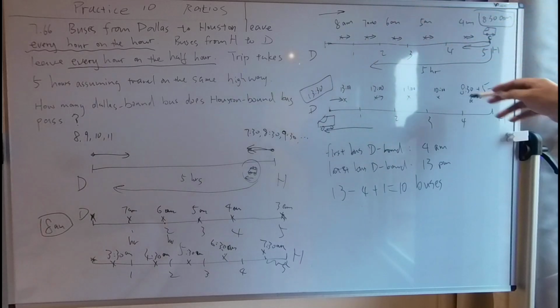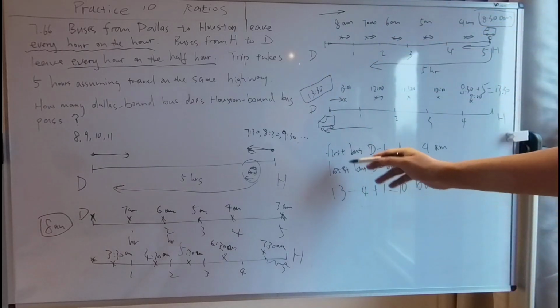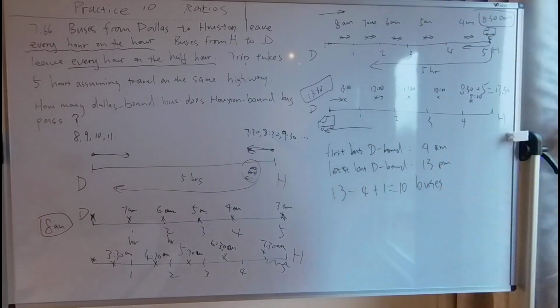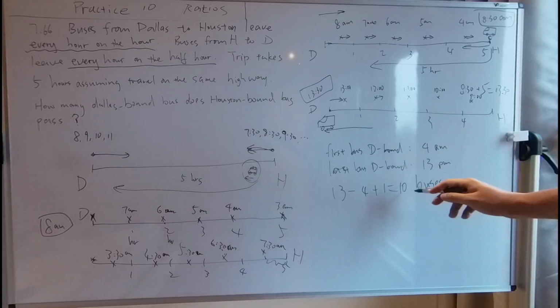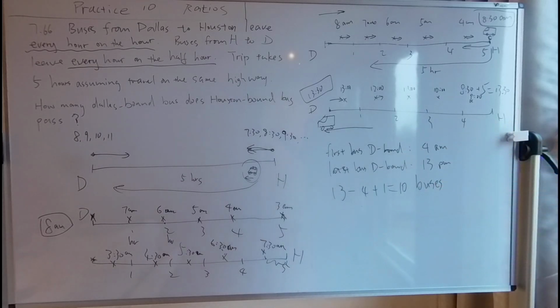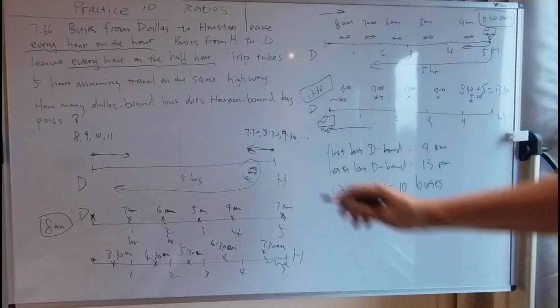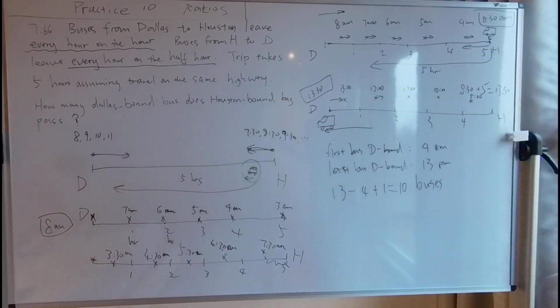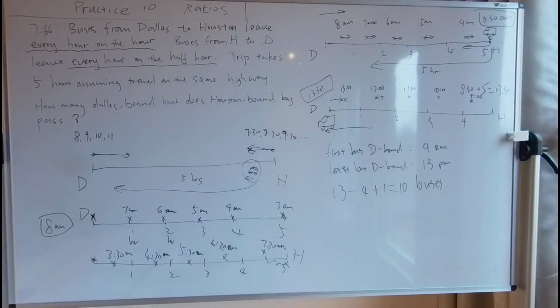So it's exactly these 10 buses, or you can solve this mathematically by 13 minus 4 plus 1. How many numbers between 4 and 13? That's 10 numbers. So 10 hours also represent 10 buses. So there will be 10 buses that the Houston bound bus will meet or will pass during the way. Okay, so that's the last question for this practice.